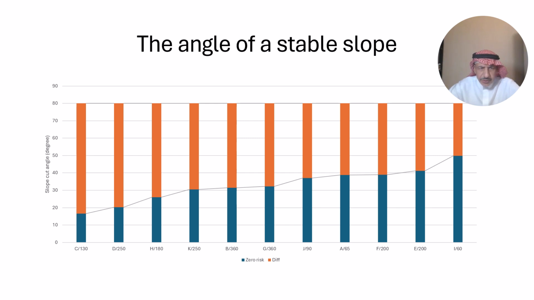At site C, the maximum failure direction is 130, while the slope cut angle is 17 or less. So angles less than these will reflect a stable slope.